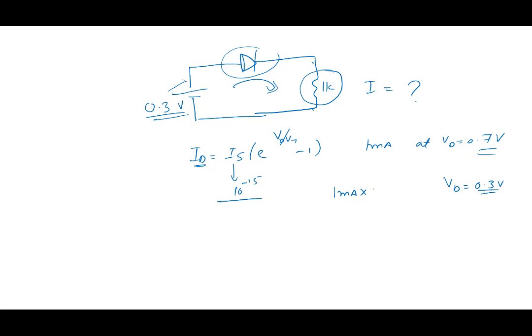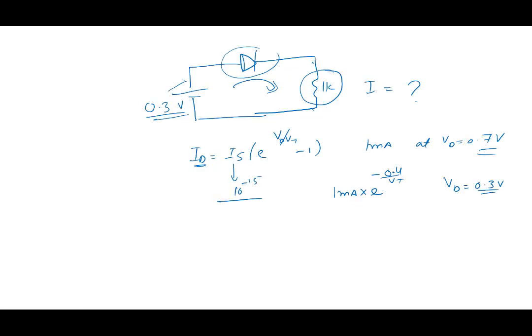Easy. E to the power of the difference, which is 0.4, minus 0.4 divided by VT. Right? So how much will that be? 0.4 divided by VT, well, 0.4 divided by 0.026.